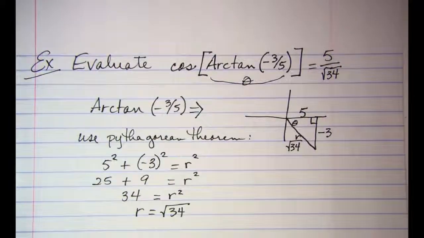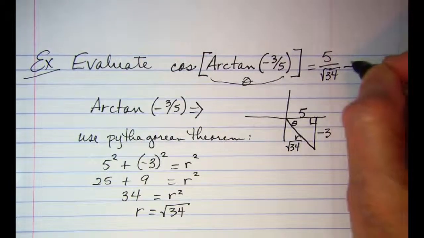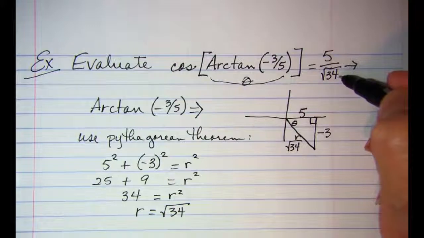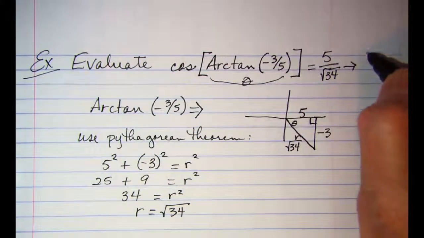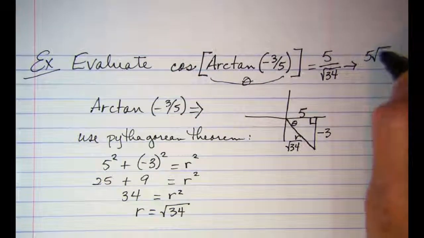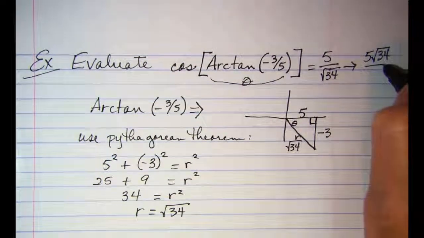And then the last thing that we want to do is rationalize this denominator. Multiply top and bottom by root 34. So we have 5 root 34 over 34.